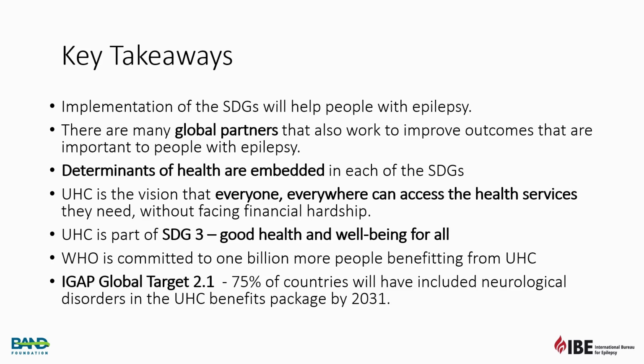UHC is part of SDG 3, which is good health and well-being for all. And WHO is committed to 1 billion more people benefiting from UHC. The IGAP Global Target 2.1 is that 75% of countries will have included neurological disorders in the UHC benefits package by 2031.